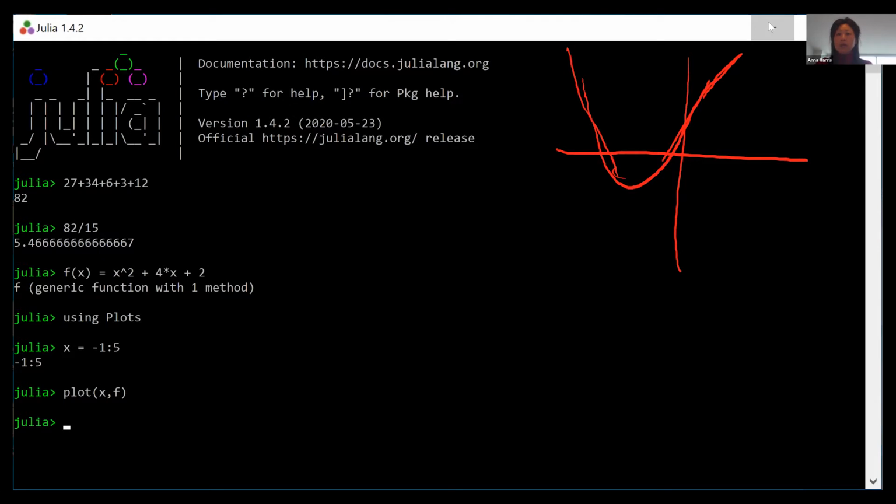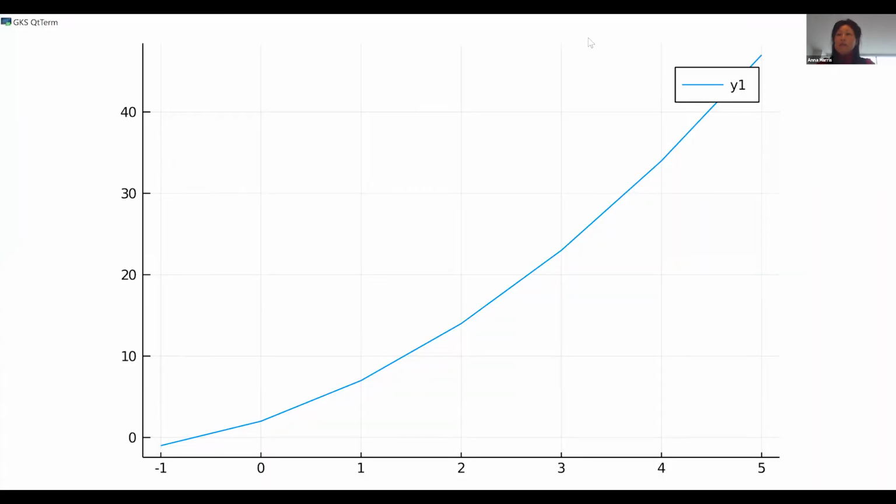So I'm only looking at from -1 to 4. Okay, -1 to 4, that's what your graph looks like.